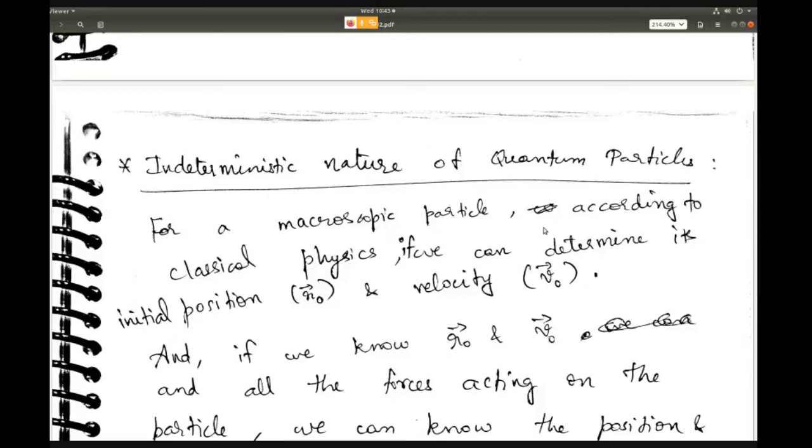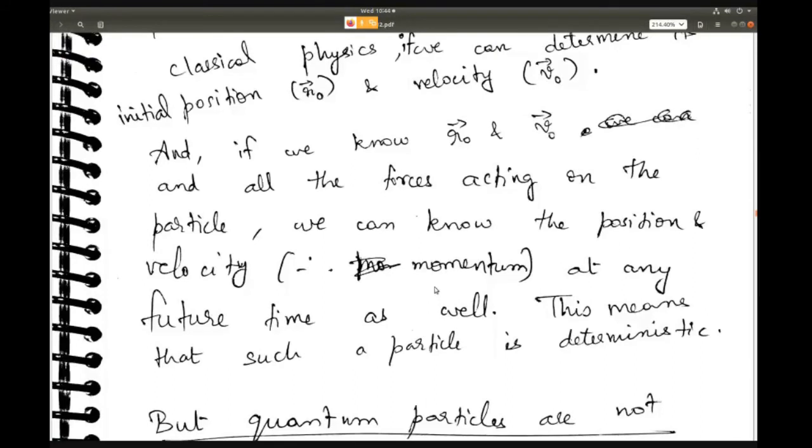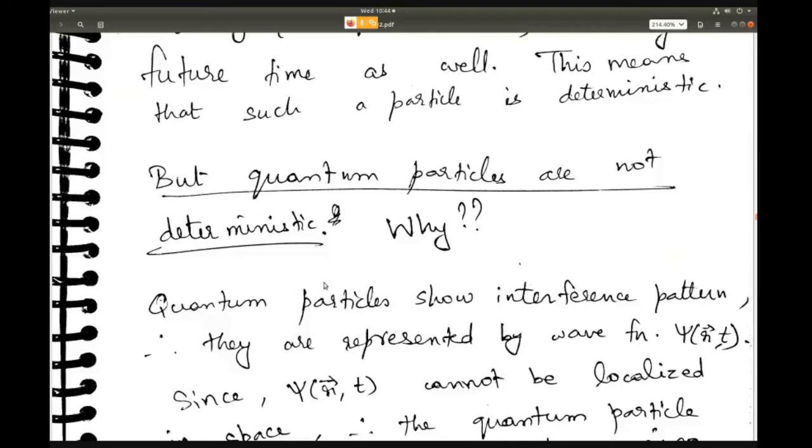At the current time, if we know what its position is, what its velocity is, and what the different forces acting on the particle are, then using Newton's laws of motion, we know exactly where the particle will be 10 seconds later or 1 minute later, whenever we want to know. Such macroscopic particles, for which we can know the trajectory completely, are called deterministic, right? But quantum particles are not deterministic.